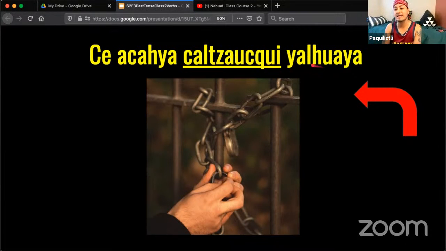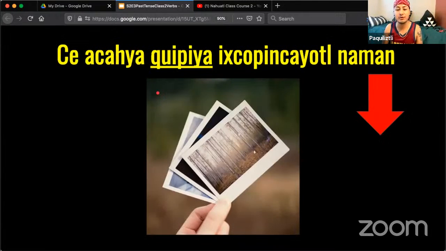You'll notice that in Nahuatl, when there are two C sounds, at least the way that we write it, like the two K sounds in caltzacua and caltzahki, this C is really pronounced like an H, at least in Huasteca Nahuatl. In other varieties, they might just say o caltzac. But anyways, we'll talk about that next week. I'm going to talk to you about the past tense in other varieties next week. But for now, just know that we are going to say caltzahki. Se akahia caltzahki yalwaya. Okay?